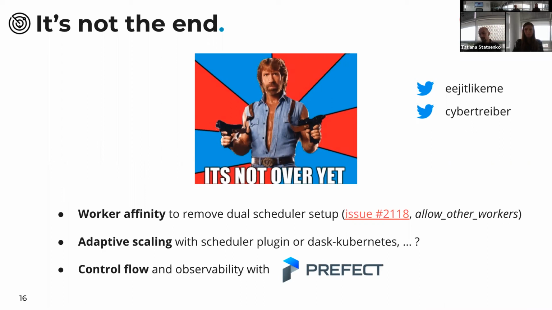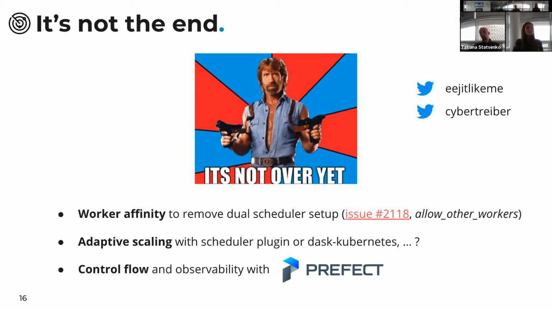There are other options where you would constrain a task to a specific set of workers, but here we are not sure if some race conditions would get at us. This would be done with allow other workers. You would need to read the list of workers beforehand.